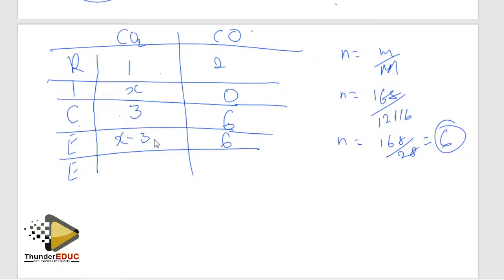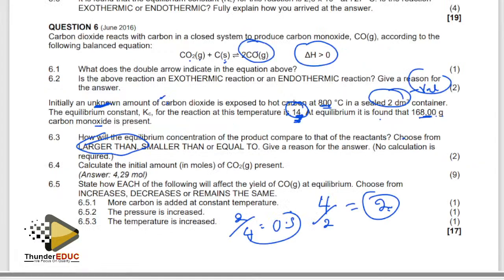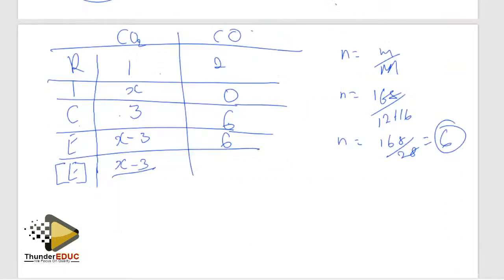You understand? So now this is the concentration. So the concentration at equilibrium is going to be X minus 3 divided by the volume. This volume I talked about, this meter cubed, which is 2, and then 6 divided by 2. You see, 6 divided by 2.